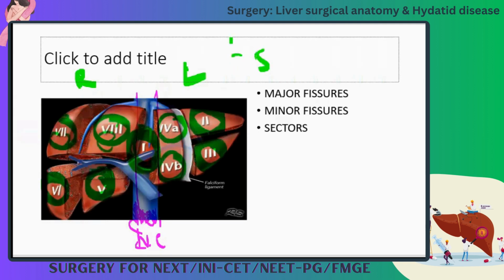The order is important: 5, 6, 7, 8. Here it starts with 2, 3, 4A, 4B, and 1 is inside. The thumb will go inside. If you remember it like this, it will be easy. The thumb is 1, then comes 2, 3, 4A, 4B, 5, 6, 7, 8. Okay, just remember this.